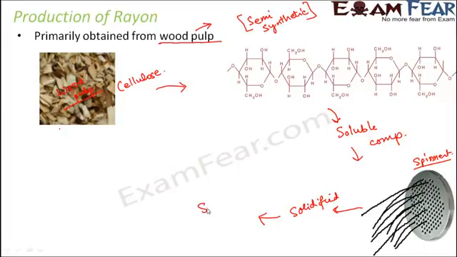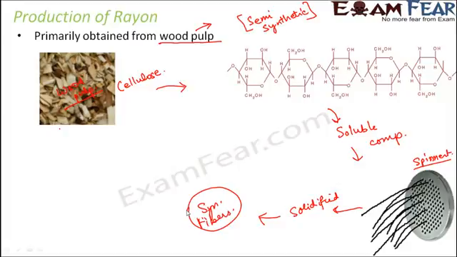That's how synthetic fibers are formed. Basically, this is how the process is. For any of the synthetic fibers, more or less the process revolves around this kind of scenario.